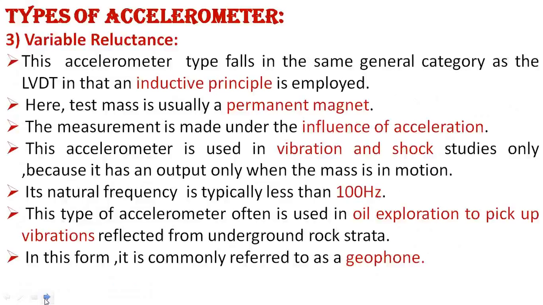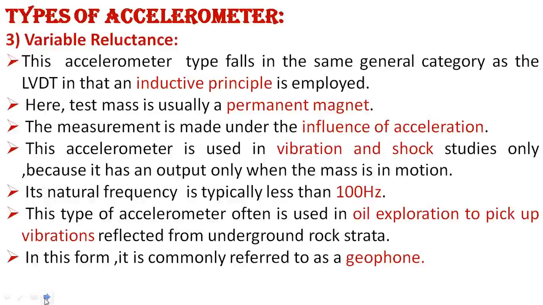Next one is the variable reluctance. This accelerometer type falls in the same general category as the LVDT in that an inductive principle is employed. Here the test mass is usually a permanent magnet. The measurement is made under the influence of acceleration. This accelerometer is used in vibration and shock studies only because it has an output only when the mass is in motion.